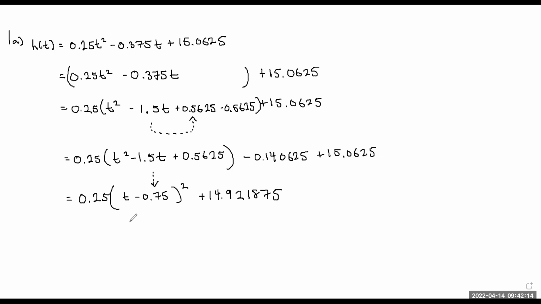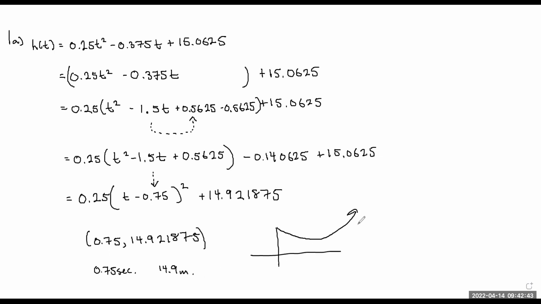So in terms of the context of the question, remember, this is a glider. The vertex is going to be positive 0.75 and then 14.921875. Now, sorry, let me continue. So at time 0.75 seconds, I will reach my lowest height, which is approximately 14.9 meters before it goes back upwards.